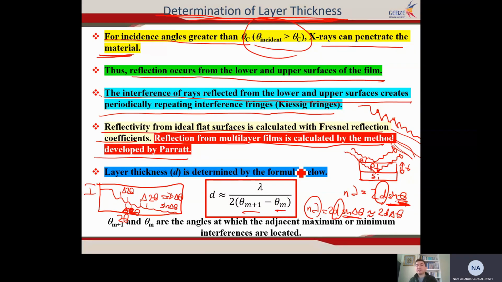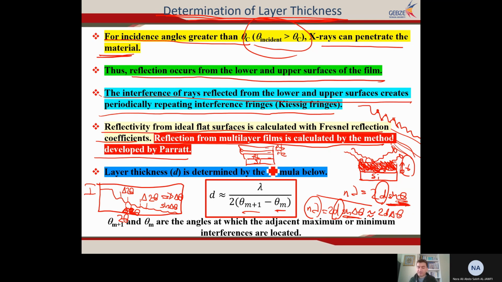So if you have a single layer like platinum on a silicon surface or iron on a magnesium oxide surface, it is easy to calculate the thickness of the film by using this Bragg law. But if you have a multilayer like this, silicon substrate here, platinum here, iron here, and then another platinum, let's say, then in this case we have 1, 2, 3 layers.